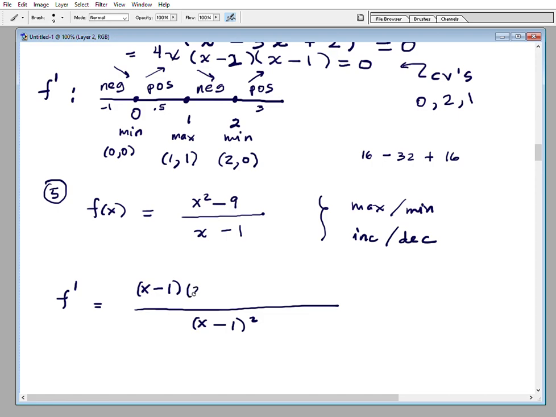Derivative of numerator minus derivative of denominator is 1 times the numerator. Okay, simplify. 2x squared minus 2x minus x squared plus 9.